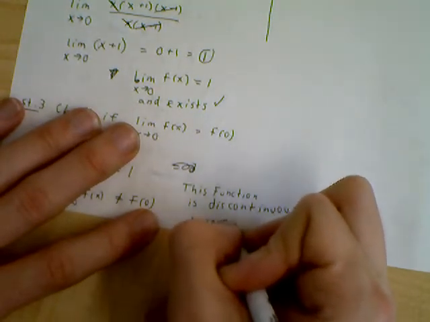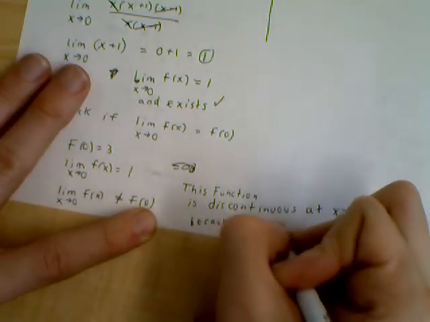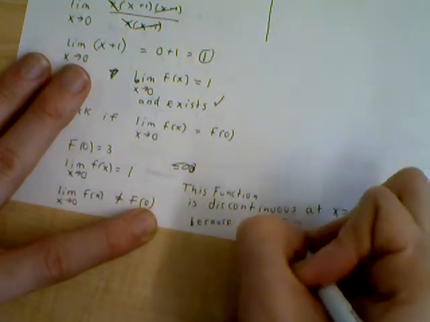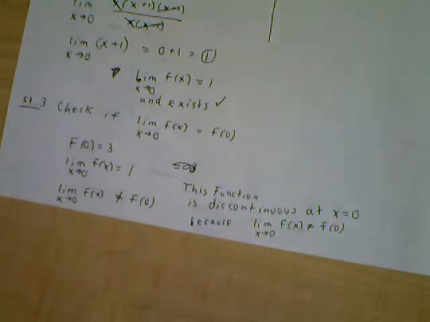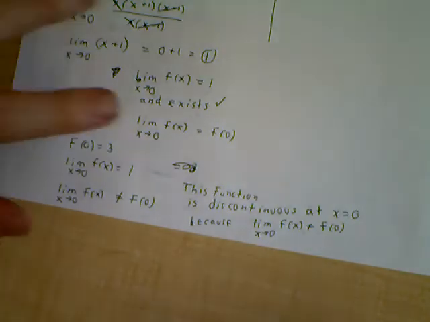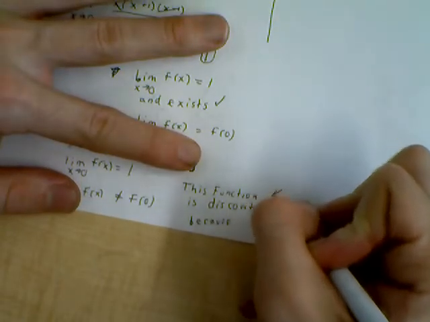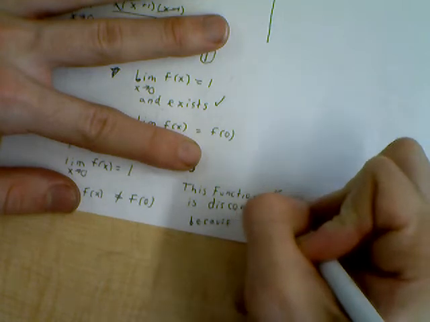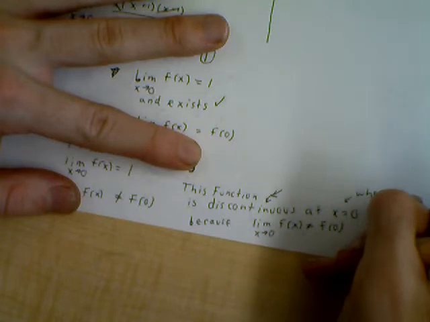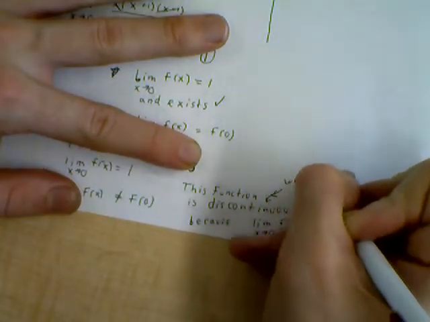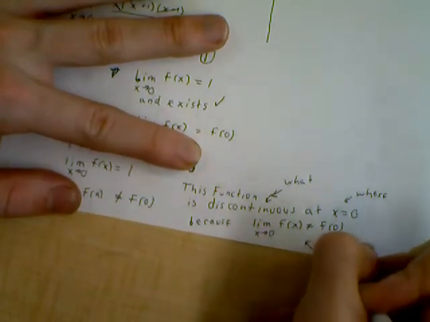Because the limit as x approaches 0 of f of x is not equal to f of 0. So let's make yourself a quick note here. I have to say what right here. It's discontinuous. I have to say where. And I have to say why.